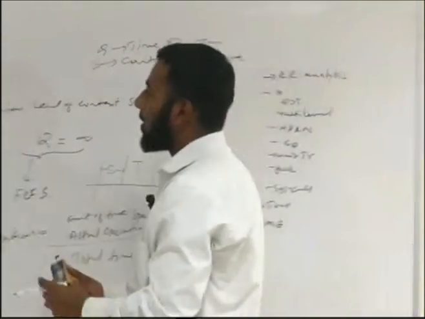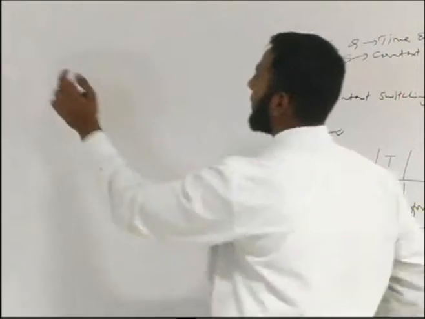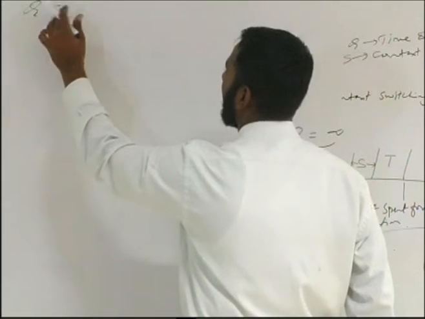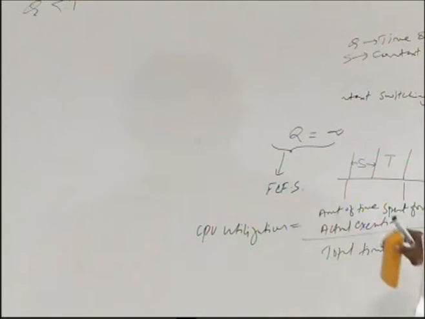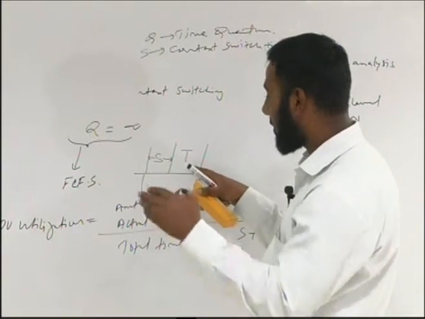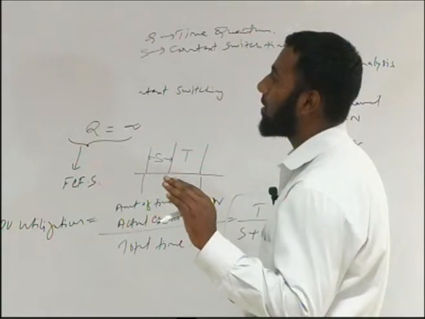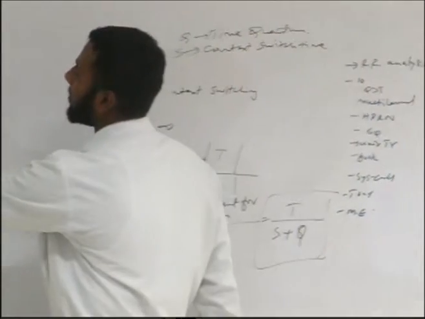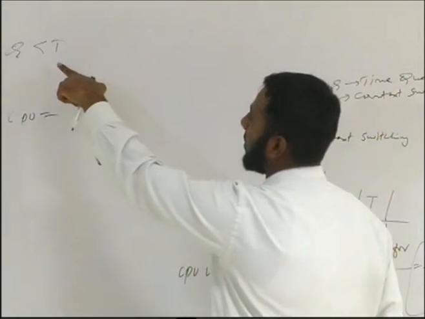Now, if the value of q is less than t, what happens? If the value of q is less than the amount of time the process needs to run to its completion, then the CPU utilization in this case will be as follows.